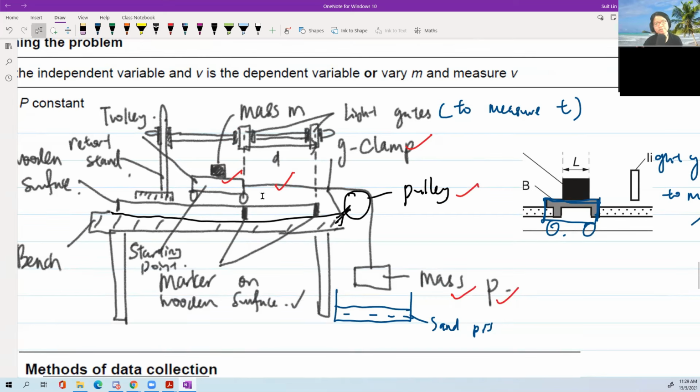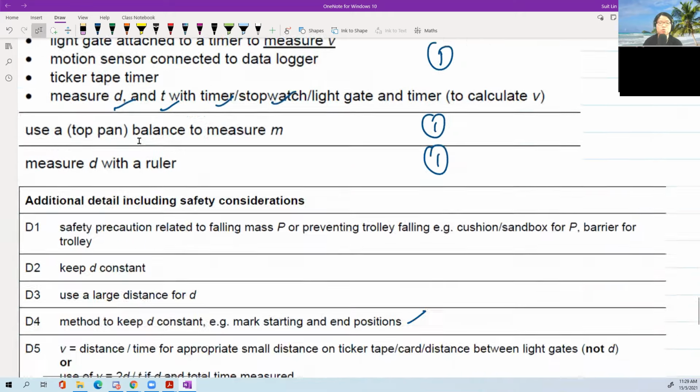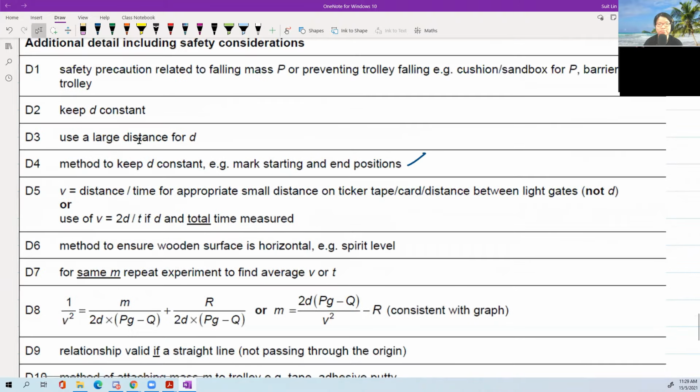Your first option is when you let go of mass T, you start the timer, and when it reaches the end position, you stop the timer. Or you could allow the trolley to travel a certain distance, then only start timing. So they are both okay. If it's the distance between the light gates, after the trolley begins moving, then you can, but this is just average velocity.